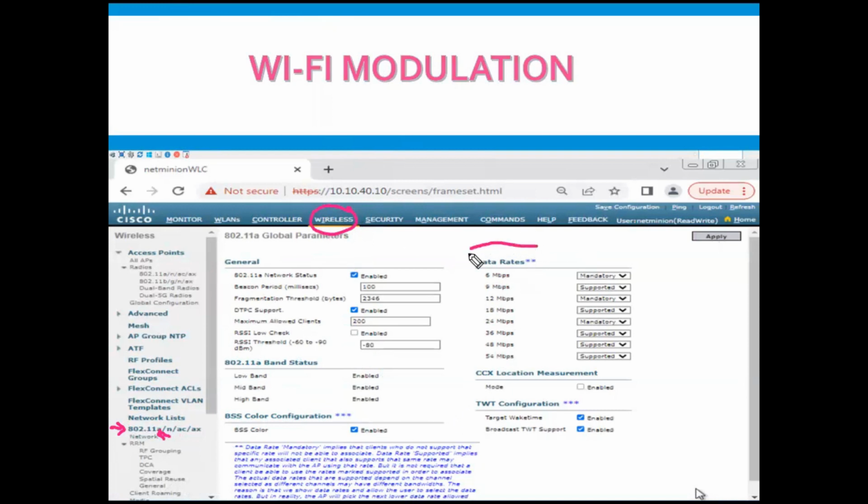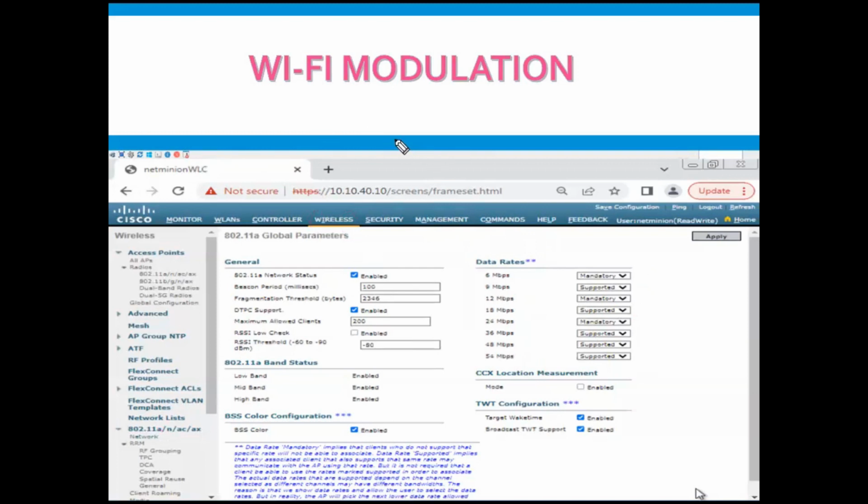It is displaying what kind of data rates it is equipped with, 6 Mbps. You can put mandatory if you want. Your these data rates are mandatory. You can put some of them as supported also. Supported means these are not mandatory but optional. If devices want to get on these kind of data rates, they can.